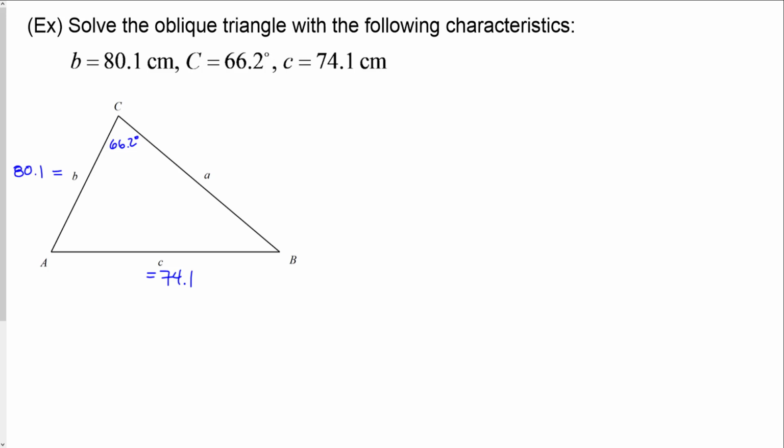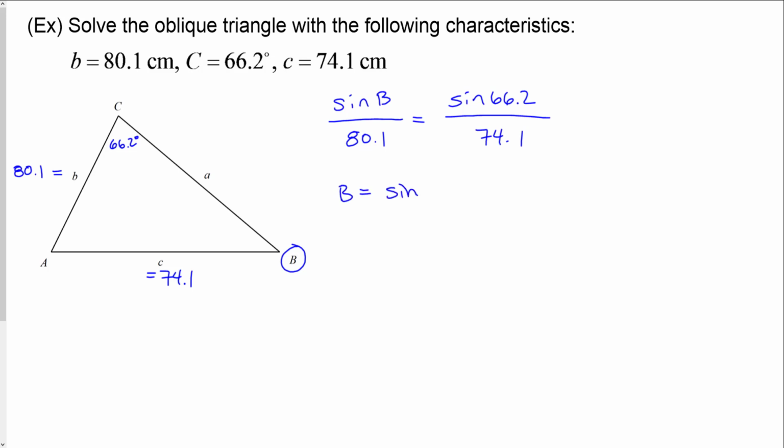Now, in order to solve this, we have to assume a triangle exists. So let's just try and figure out, in this case, we'll solve for angle B first. So the sine of B divided by 80.1 is going to equal the sine of 66.2 divided by 74.1.